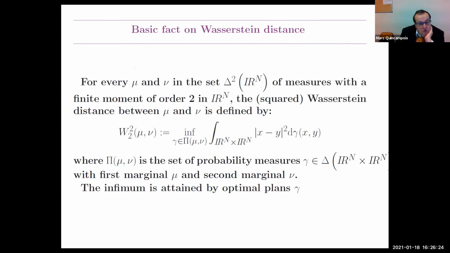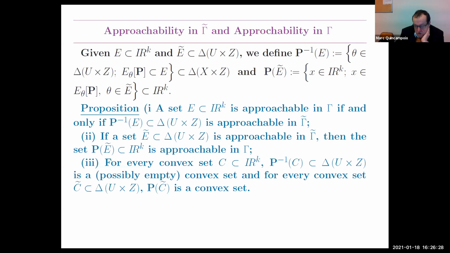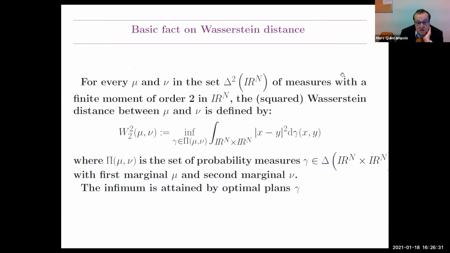Okay, so maybe now I need to define what is Wasserstein distance, and I don't want to be too technical, so I have only 2 slides on Wasserstein distance. I use very different notation on purpose because I will apply Wasserstein distance in different contexts. So let's consider mu and nu, 2 measures in this set, delta 2 of Rn, which is a set of probability measures with finite second moments.